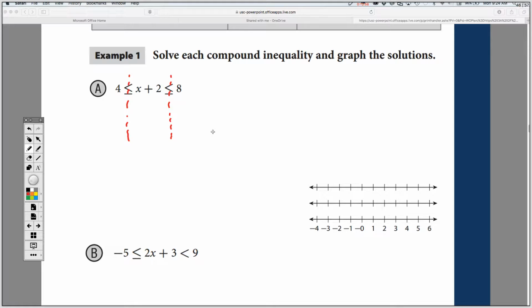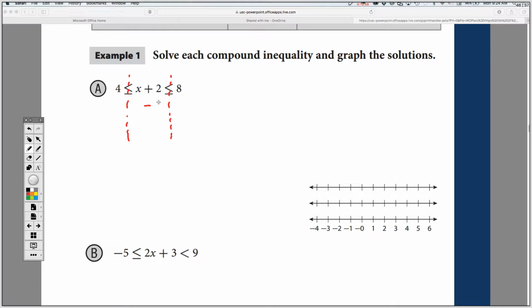Now, what is keeping x from being alone? What number is keeping x from being alone in the middle? 2. So what do I want to move? 2. What operation is going on? And what is the inverse operation? Subtraction. Good job.